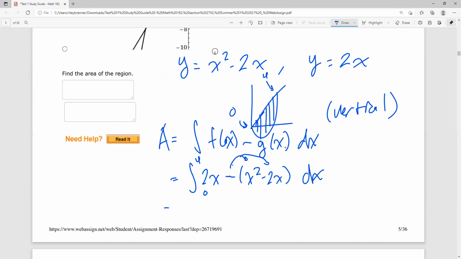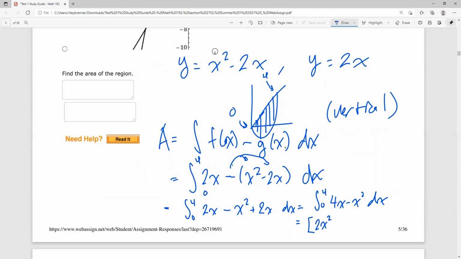So let's go ahead and zoom through this since we're just calculating an integral. So if we distribute the negative, we'll get this guy right here, which can be simplified further to the integral from 0 to 4. Why did I put 2x there? This is supposed to be 2. So it'll be 4x minus x squared dx. If we go ahead and simplify this out now, we'll get 2x squared minus 1/3 x cubed.